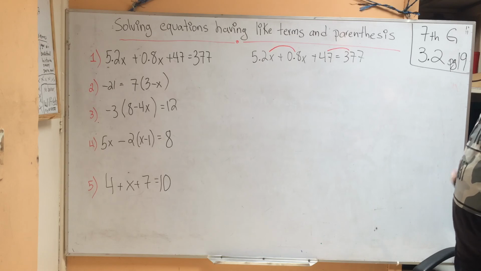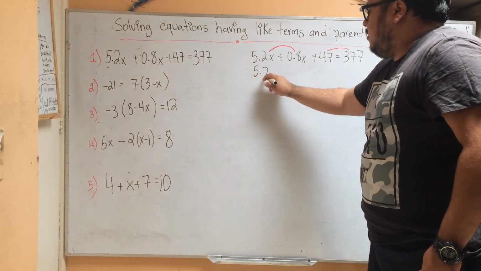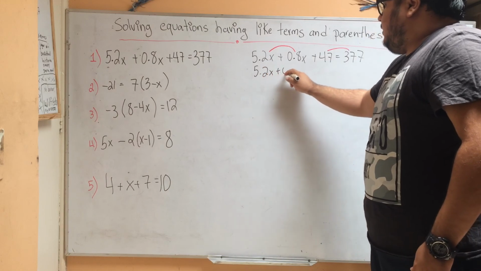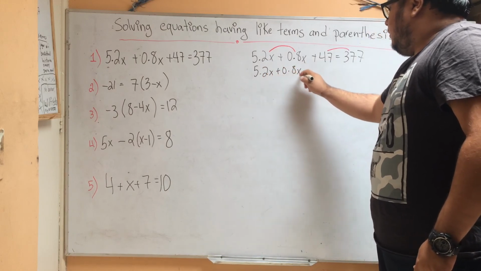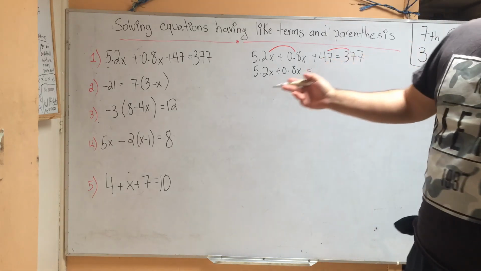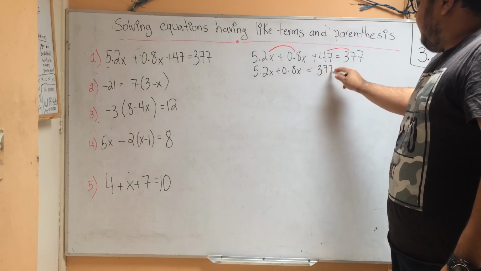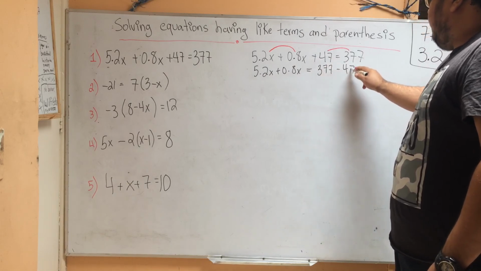First I'm just going to group; I'm not solving yet. We leave the variable terms on this side, and the 47 is positive, so when I move it to the other side it becomes negative. So I have 377 minus 47.